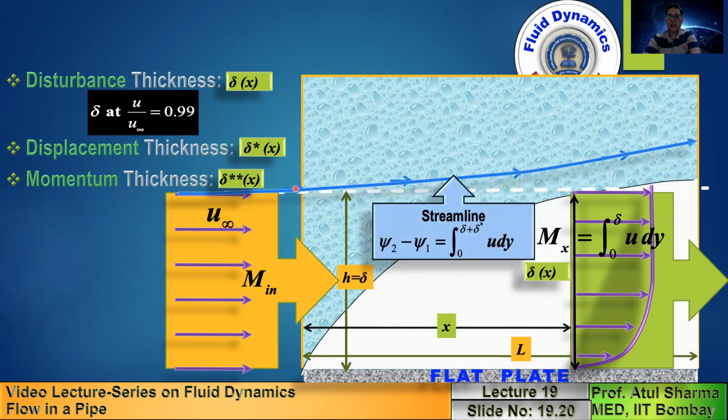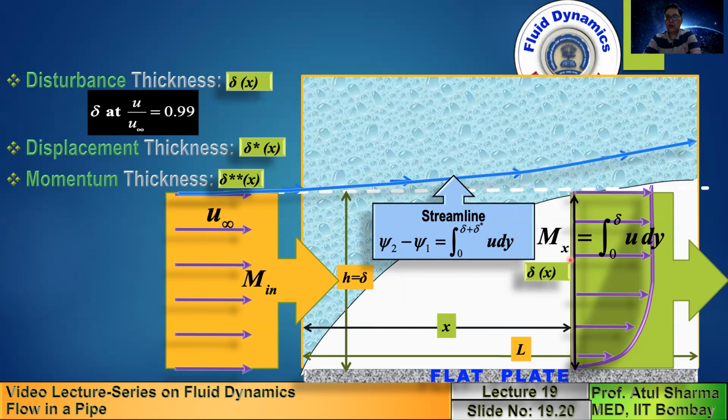So you have one streamline above, passing through the top surface of the plate, and another streamline passing through the height h equals delta at the inlet. Now, if you see, this streamline is increasing its height as it moves over the plate.